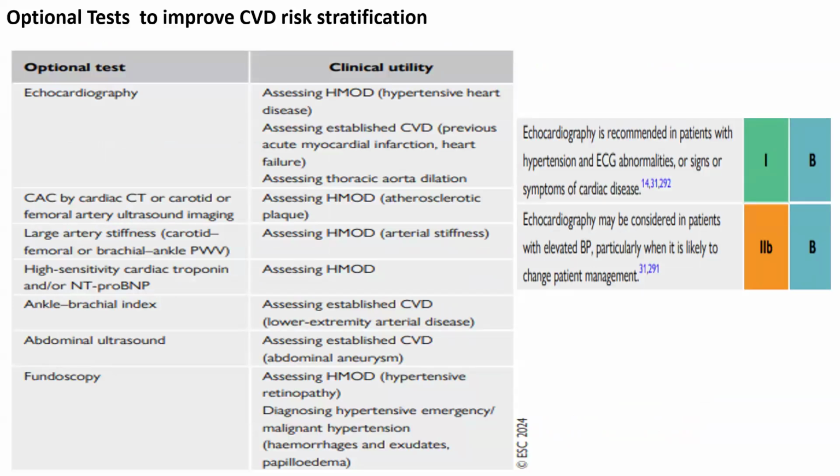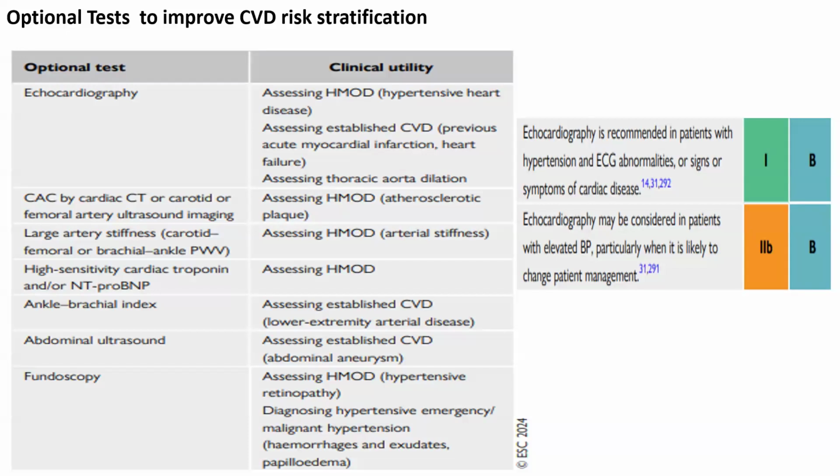Other optional tests include echo, the coronary artery calcium score by cardiac CT, troponin, ankle brachial index, and so on. These measurements are optional. They are used when we believe that they are going to change management.